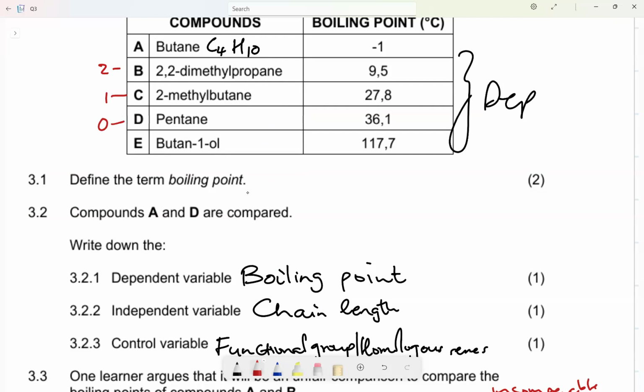If the independent factor is branching, they need to have the same molecular formula, which is pentane C5H10, methyl butane C5H10, also C5H10. So can you see the branching decreases as you go down? And they also have the same molecular mass.